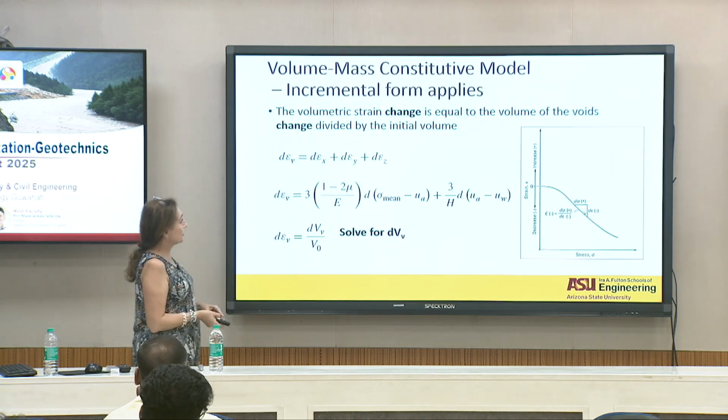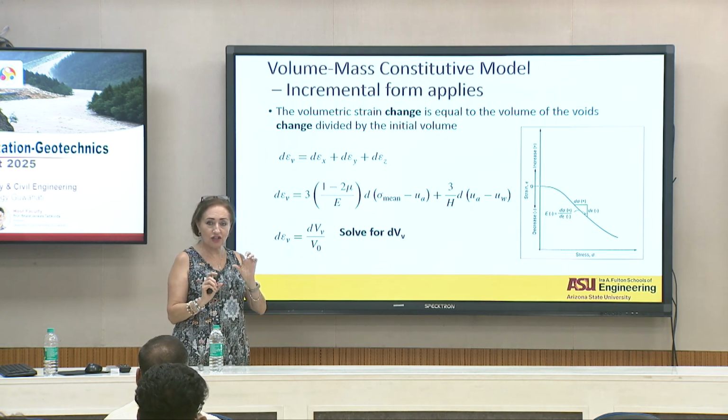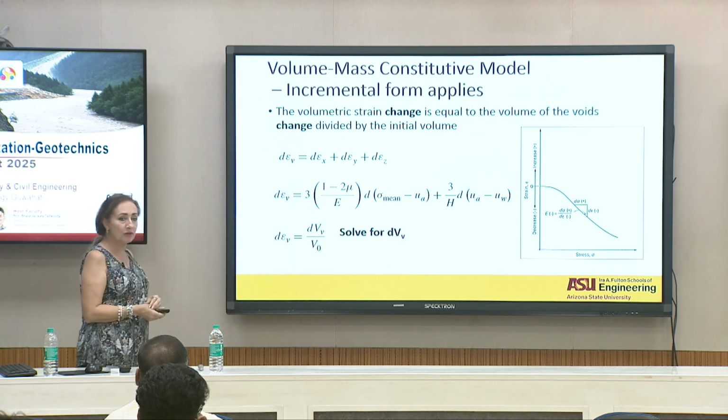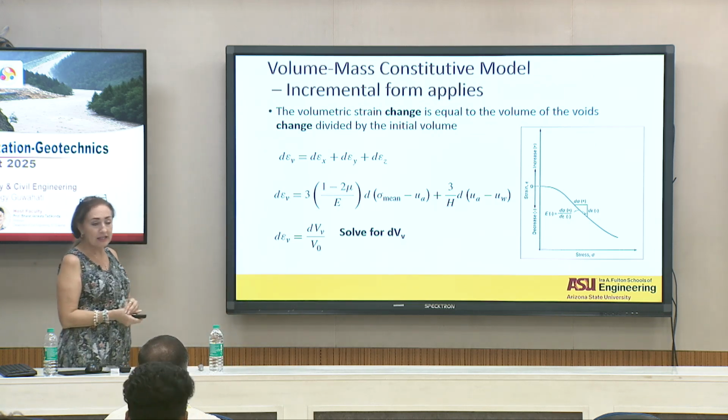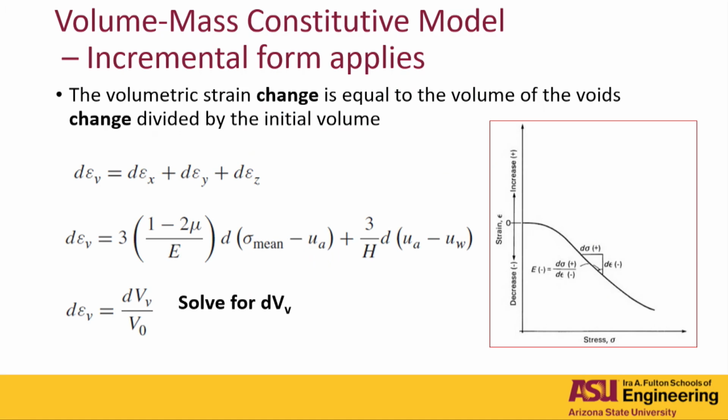So the volumetric strain change is what we want, the change when the change in the stresses happens, right? So what you're going to need is the volumetric strain change, which is equal to the change in the volume of voids divided by the initial volume, all right? Again, it's a summation, a superposition of the three dimensions.